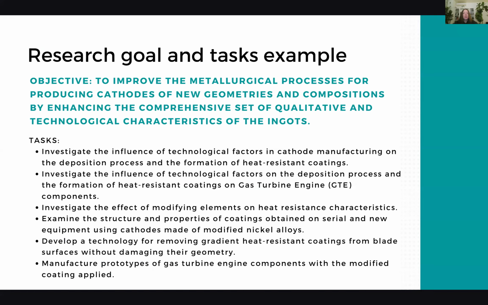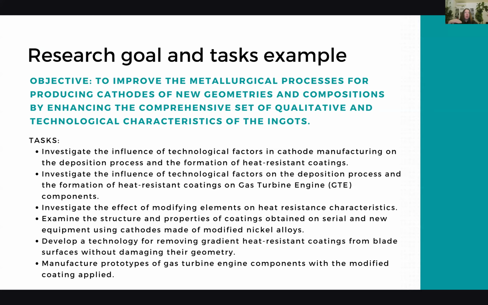Of course, if you are dealing in your research projects only with the literature review part, then your goal could be, for example, to develop or to suggest a new technology for improving the quality of your cast components. And that would be your objective. And to achieve that objective, all of your tasks would mostly be theoretical or clarifying or maybe descriptive.